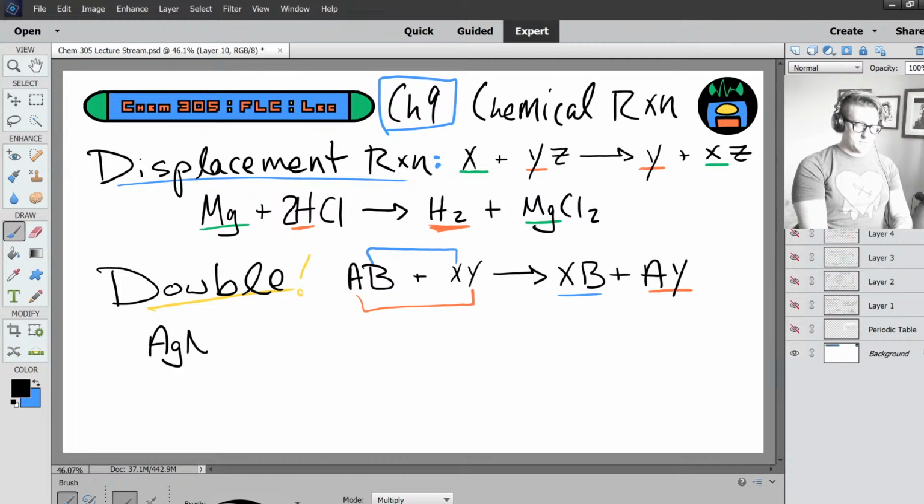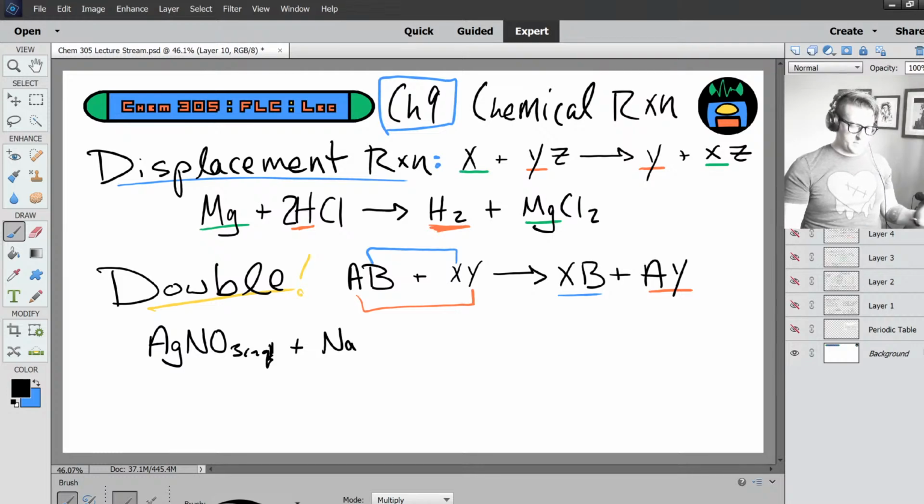So for example, aqueous silver nitrate reacts. The double displacement reaction, totally swingers. That is literally how that goes. The people show up with someone, show up to a party with a date, and leave the party with someone else.